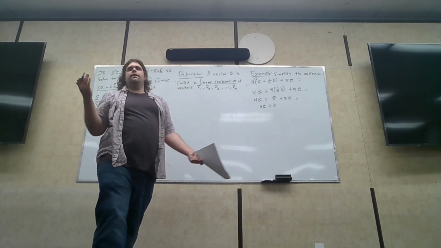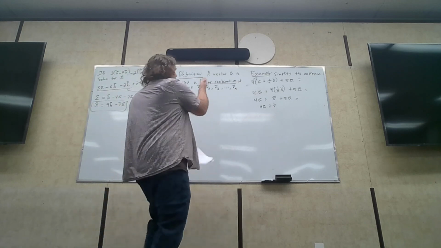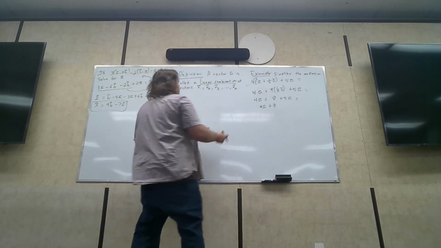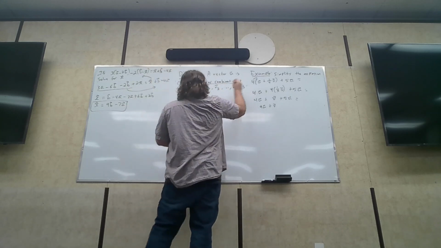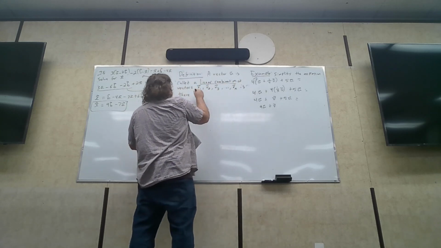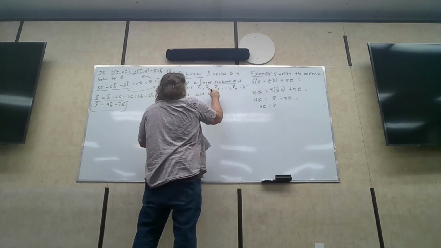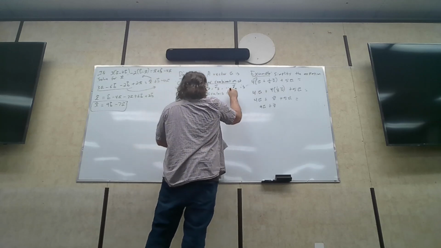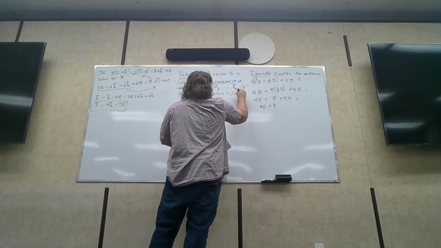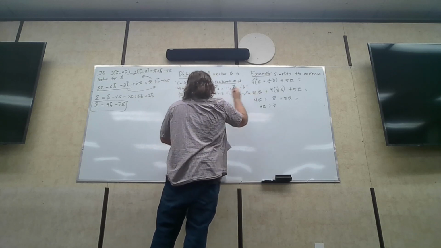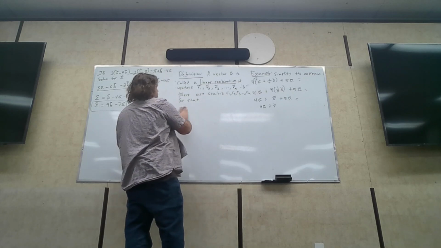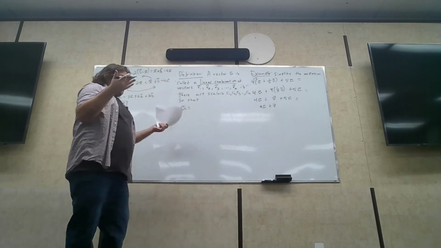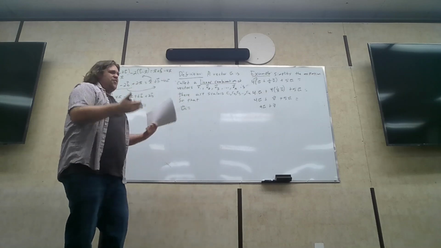Linear means add and multiply scalars. So I'm going to get to that, right? I have to write it down. So a vector u is called a linear combination of these vectors if there are scalars c1, c2, c3 up to ck. So that u, the vector we're interested in, is a linear combination of those vectors.